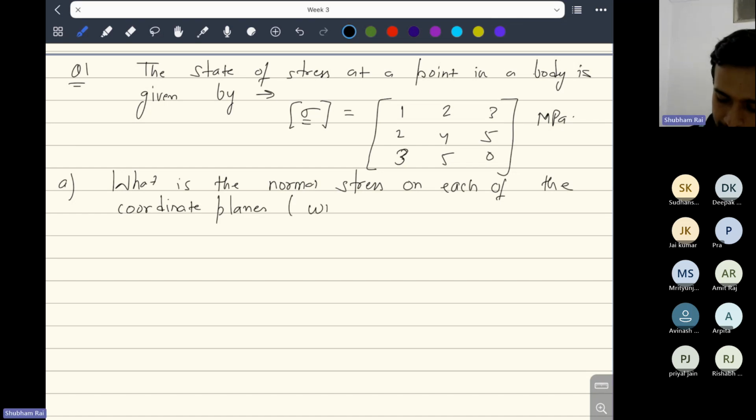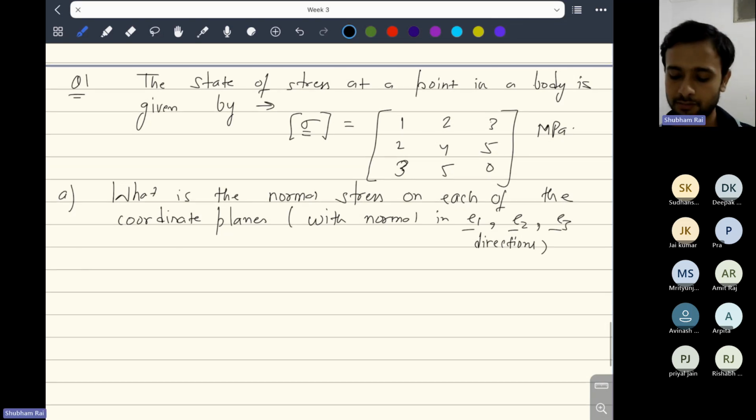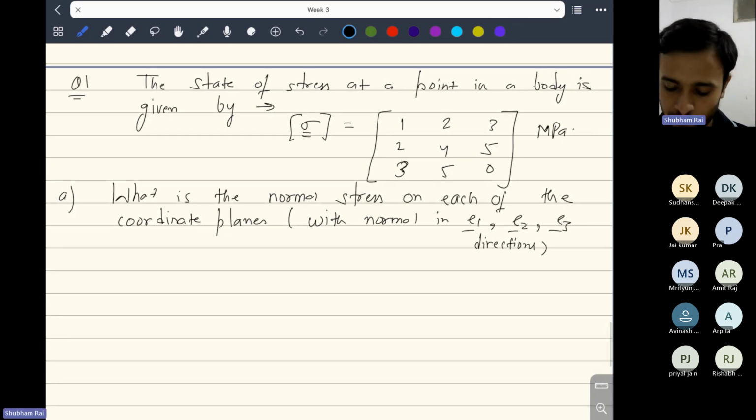So coordinate planes have, let's say, normal in E1, E2, E3 directions. Okay. So how will you find what is the normal stress on each of the coordinate planes?